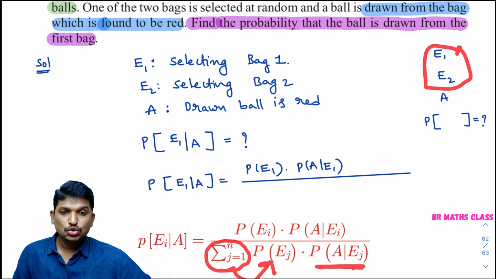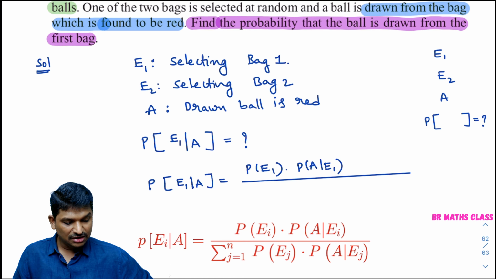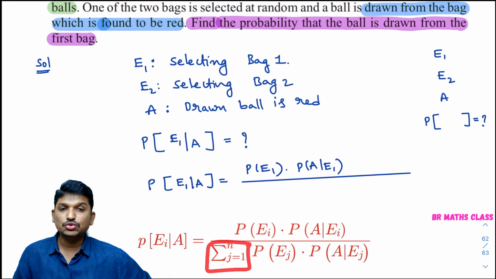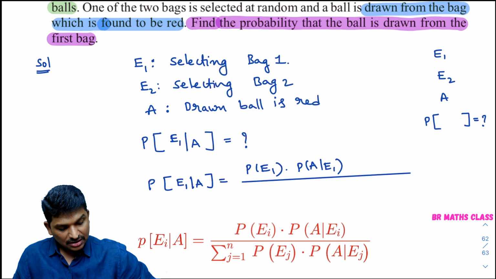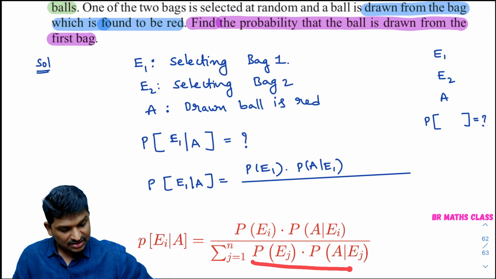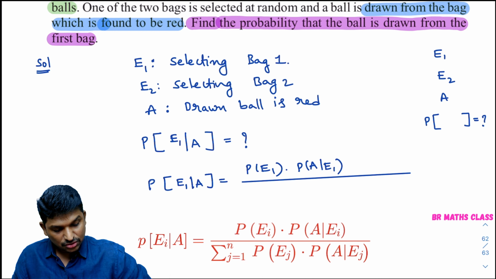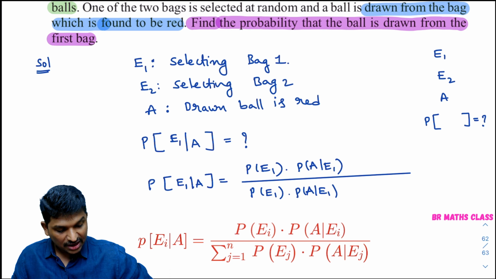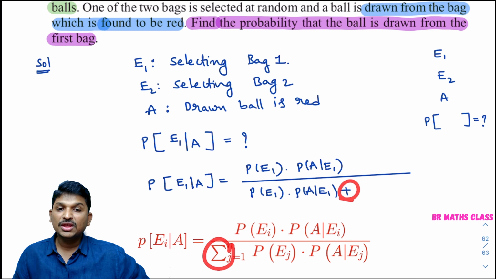Here E1, E2, 2 events are there. So j value is from 1 to 2. In place of j, you write 1 first. What you will get? Probability of E1 into probability of A by E1 plus. Why plus? Because it is summation, plus.